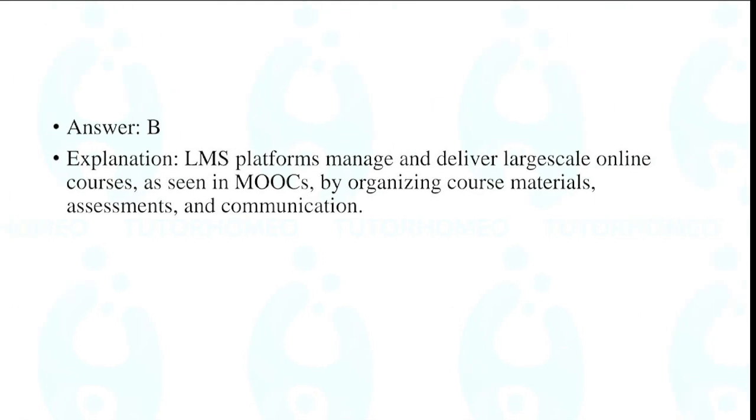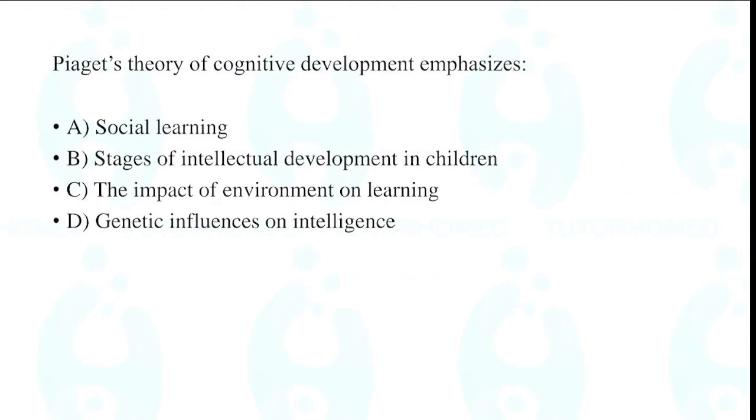So the next question over here is Piaget's theory of cognitive development. Okay, Piaget's theory of cognitive development emphasizes what? Is it social learning, or stages of intellectual development in children, the impact of environment on learning, or genetic influences on intelligence? Which among these?